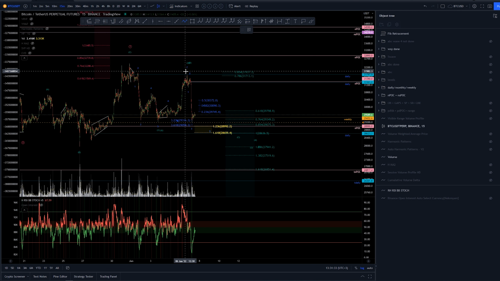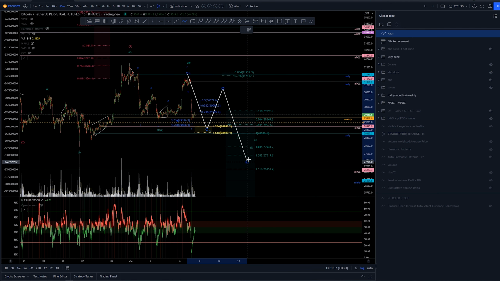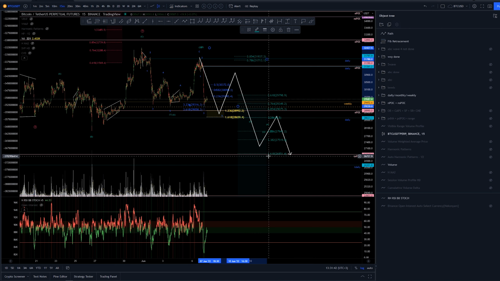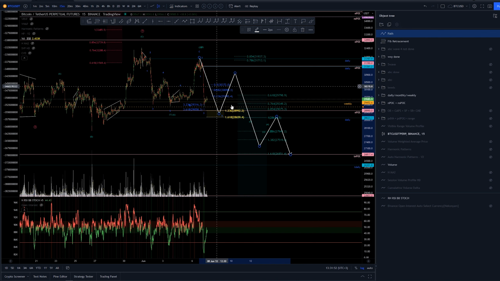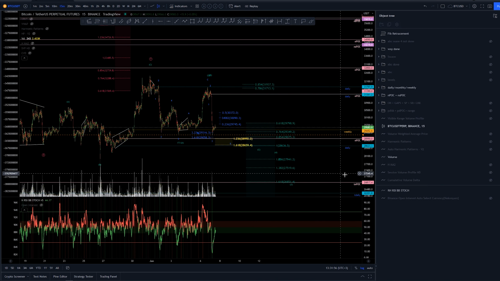So we would just make this wave 1 up here, wave 2, 3, 4 and 5, something like this. At this point we would be at the 1.618 extension here of this first leg, and of course depending on how this goes, we could be looking at this as the third wave here that we would be expecting. But we'll see what happens.